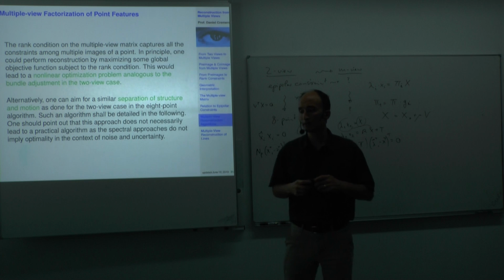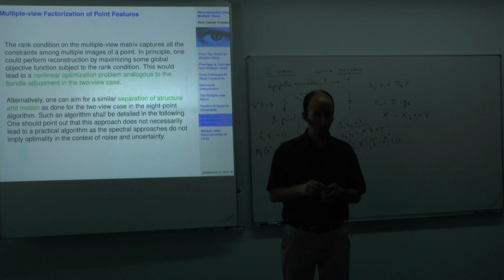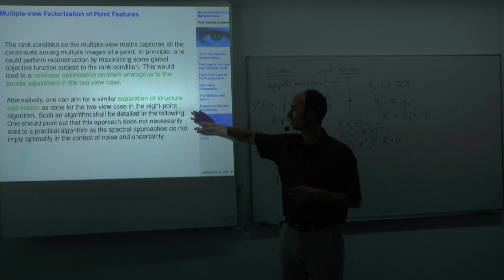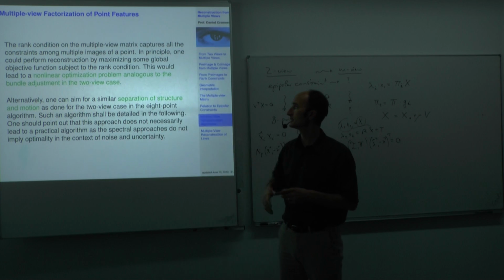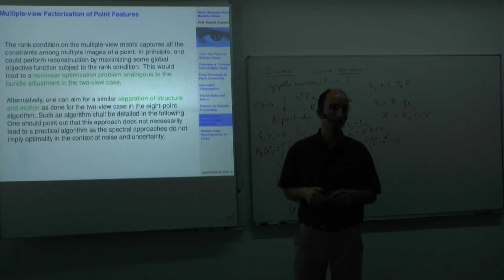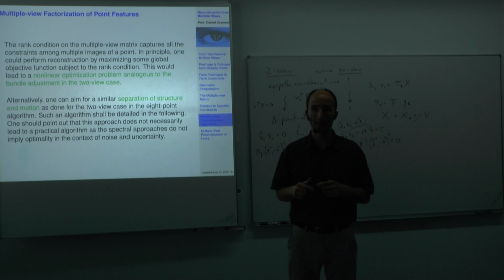The alternative is the one that we proposed in the 8-point algorithm, and that is that you separate structure and motion. First estimate motion of the camera, and then estimate the structure. And what I will show you in the following slides is a reconstruction algorithm using a separation of structure and motion.